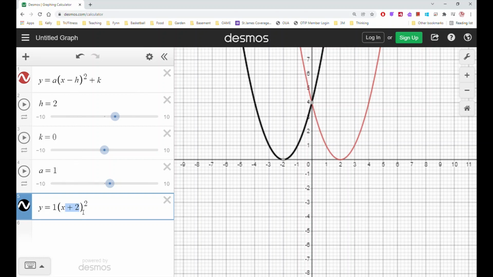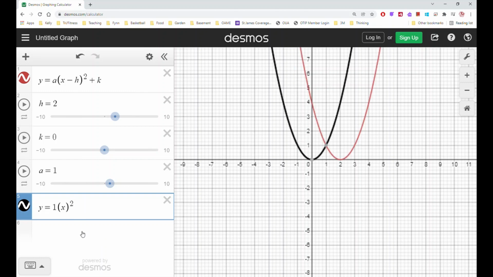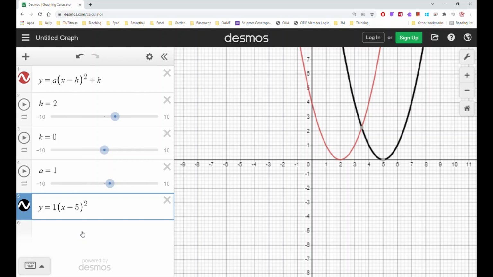So I always remember this as, it's in the bracket, which is the land of the opposite. So whenever we take anything out here, it switches signs. Okay? But this is our horizontal shift. Now if I put a negative 2 in here, that's going to line up with the other one. If I put a minus 5 here, it's going to move to the right 5.